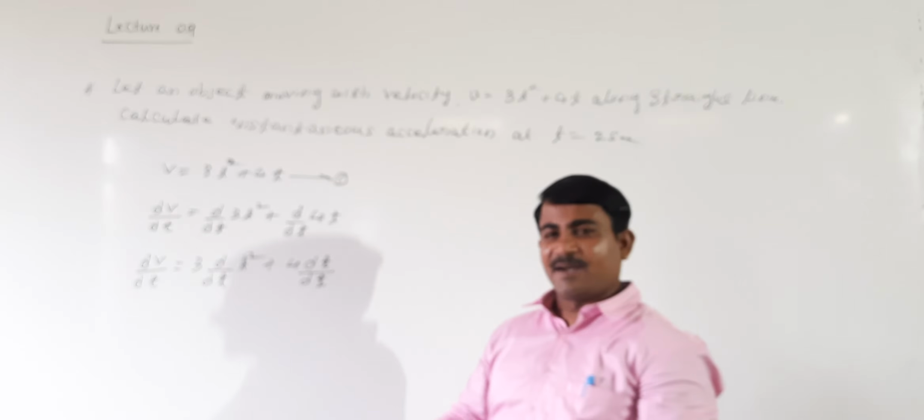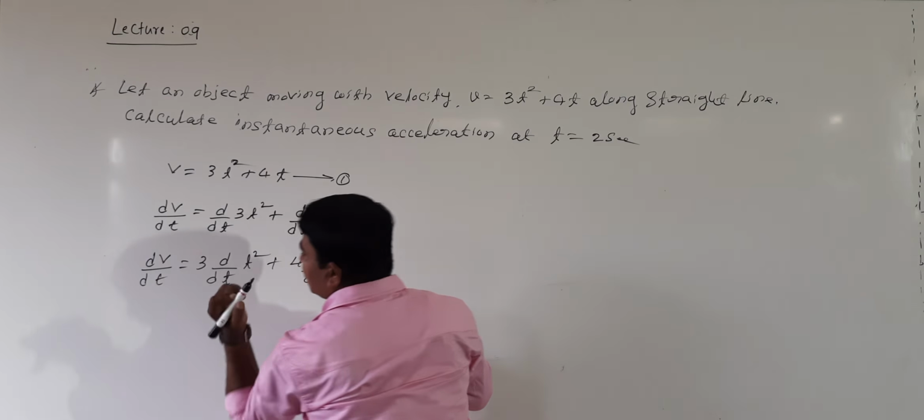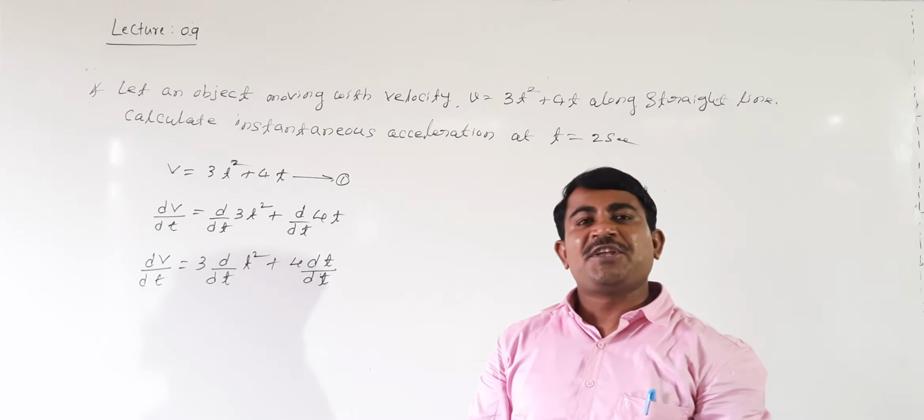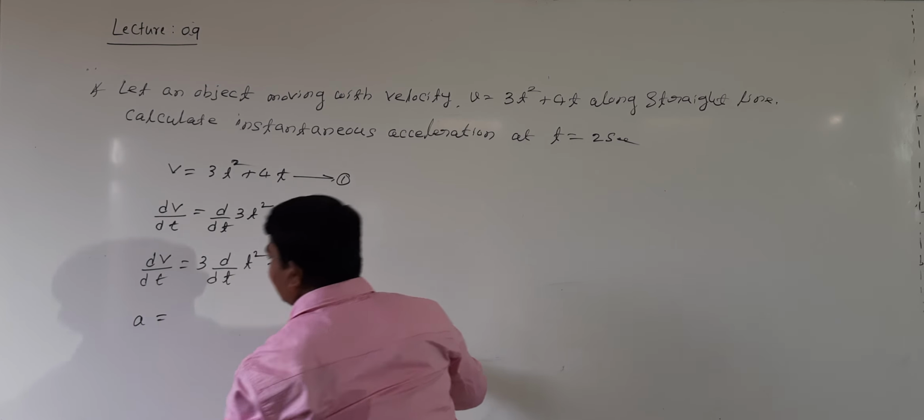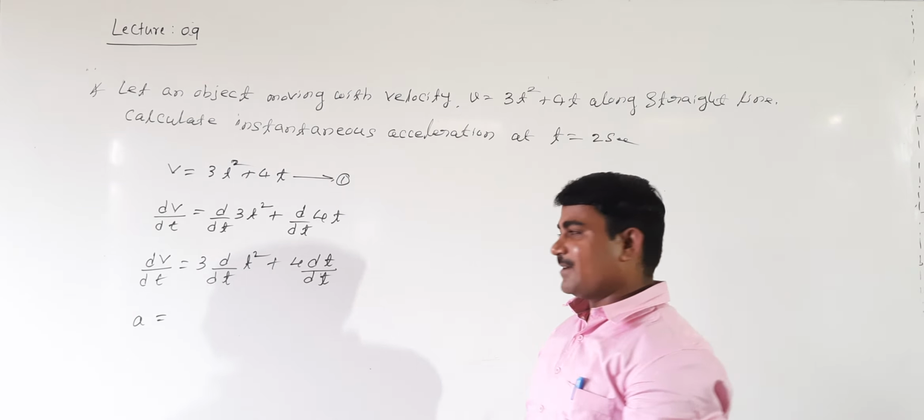Now see, dv means change in velocity, dt means change in time. Change in velocity by time, that we are calling acceleration, instantaneous acceleration here.